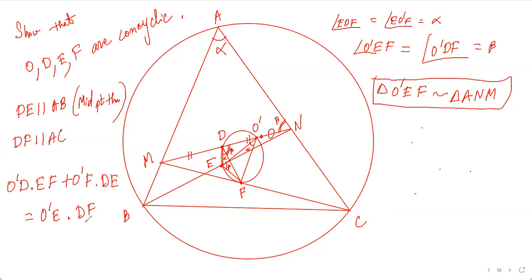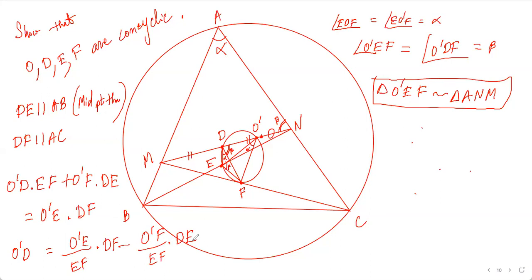Now I'll just take O dash D on one side and bring everything on the other side. So it's O dash E by EF times DF minus O dash F by EF times DE.